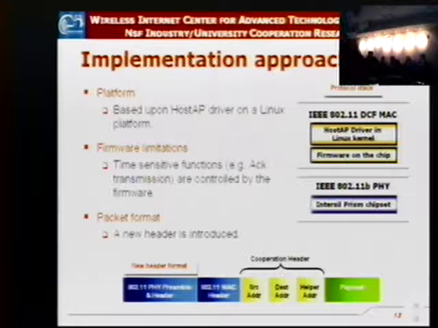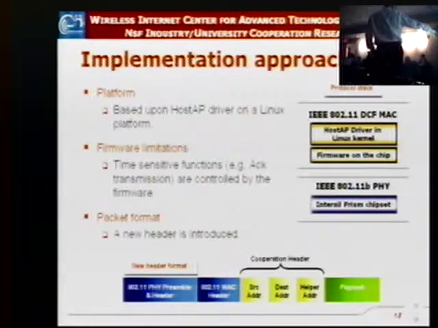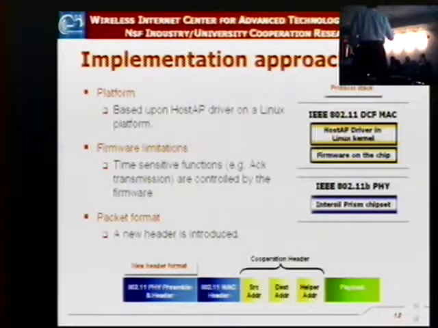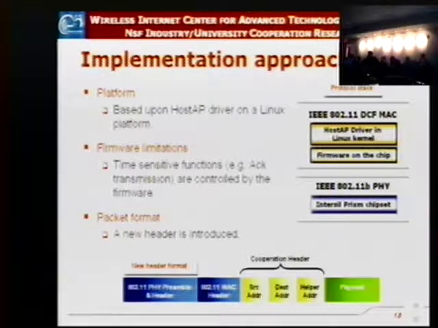So they may be the same as the addresses that the 802.11 MAC header has, but they may be different, because the source address and the destination address in the 802.11 MAC header may change in the 2-hop trip. So we use this header in order to guide the stations in the route of what's going on. What is this packet, where it is going, who is the helper.